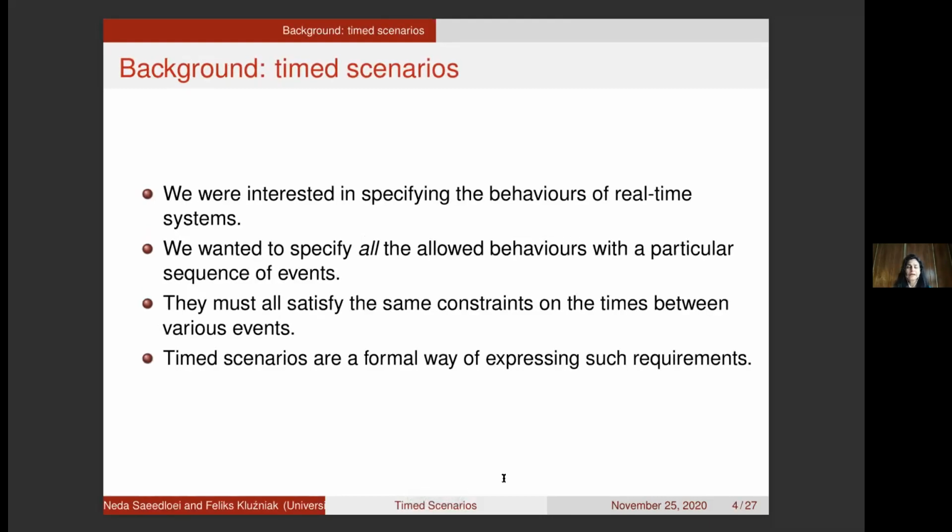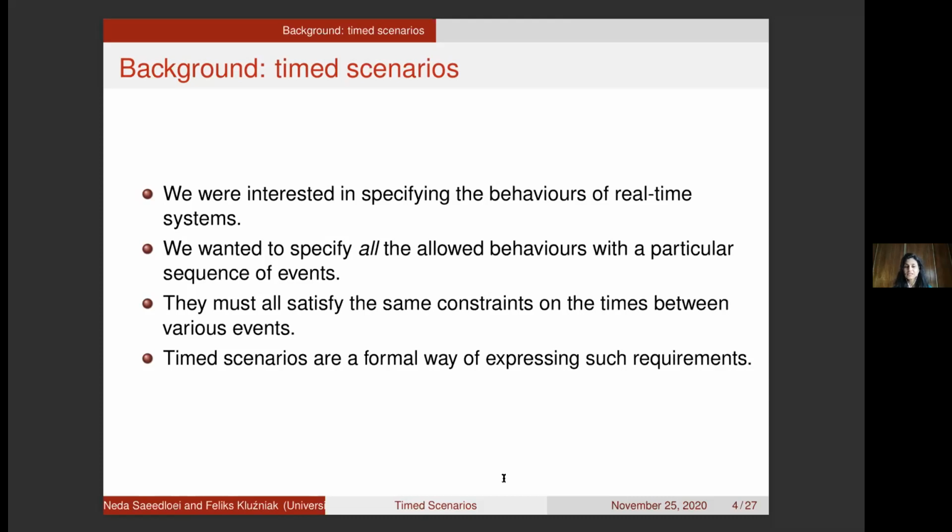In our recent work, the work before this one, we were interested in specifying the behaviors of real-time systems.